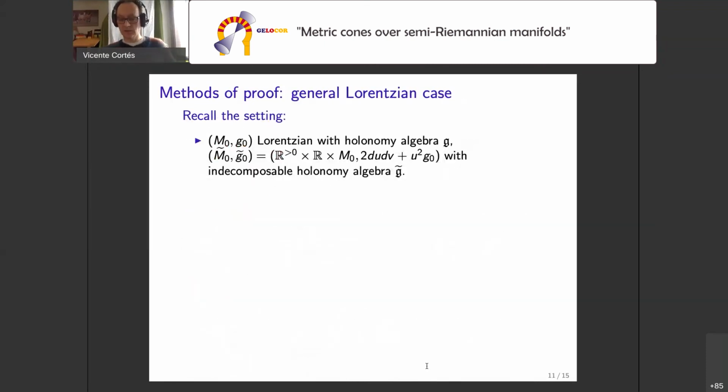Okay, now I would like to finish by discussing the general Lorentzian case, when we do not assume that the holonomy algebra is completely reducible, because in general you cannot assume this.